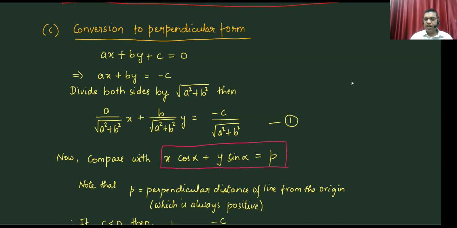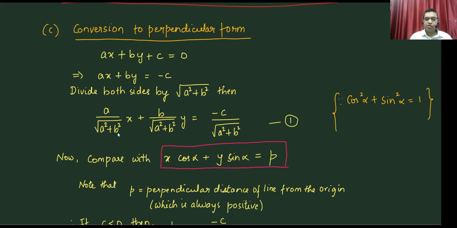Now we know the condition in trigonometry, cos square alpha plus sine square alpha will be equal to 1. This is a trigonometric identity.